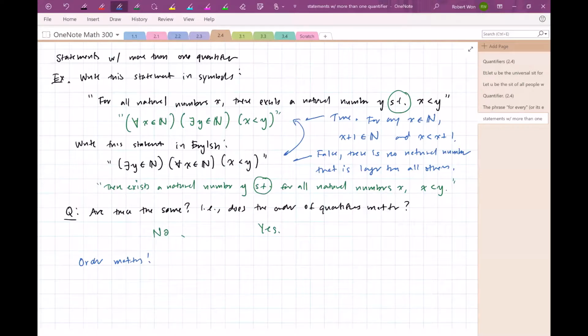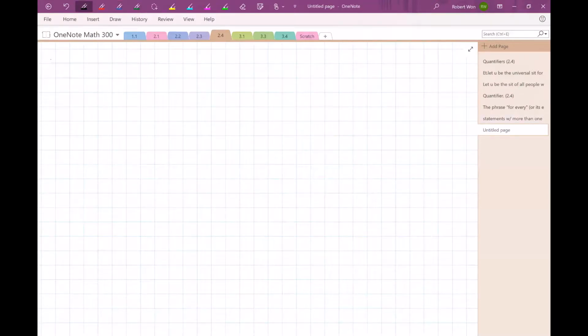Okay, and then the last thing for today is I would like to talk about negating quantifiers. So let's talk about how to negate a quantifier. Let's consider the sentence, the true sentence. It's not a true sentence. Everybody loves math.